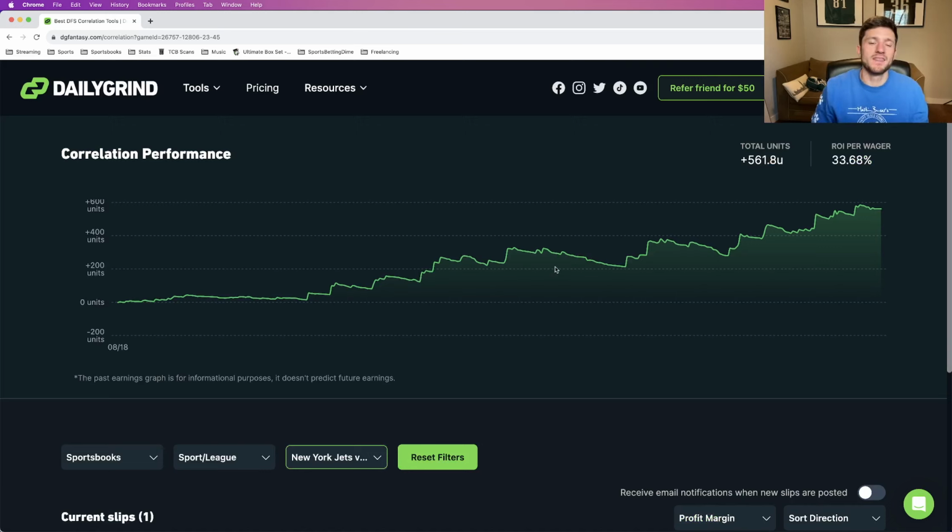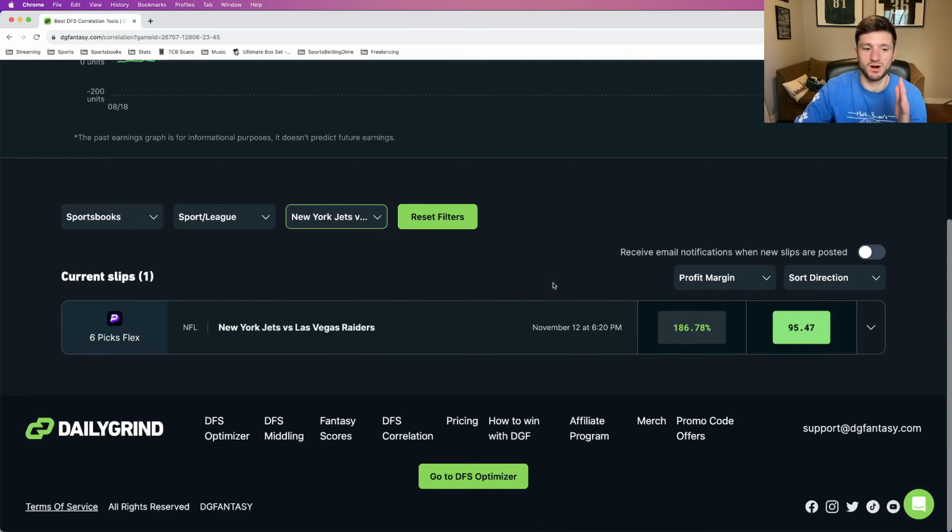So the way that the correlation tool works, it gives you player props in one game. So all of these are in the Jets-Raiders game. And it gives you player props that have some sort of correlation with each other, hence the name correlation tool. And what I mean by that is, think about just how stats work for the NFL. If the quarterback throws for a bunch of passing yards, someone's got to catch them.